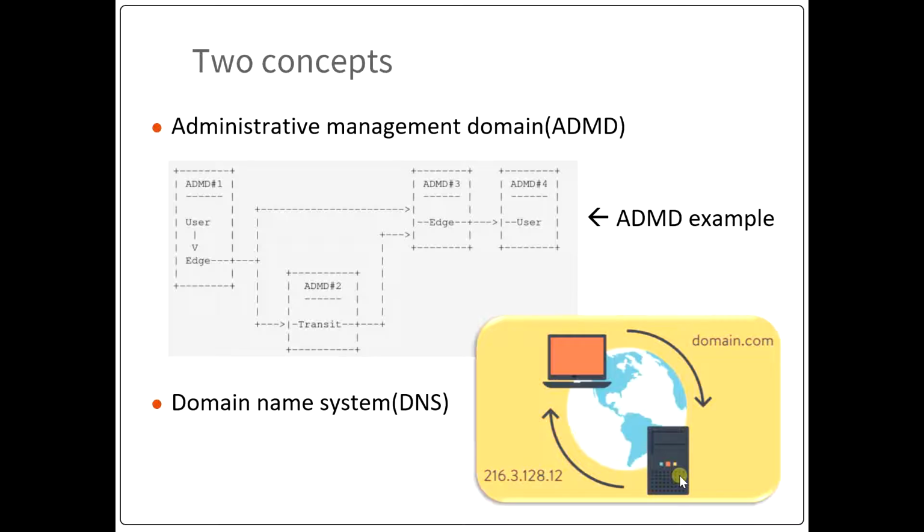The important concept to remember here is that ADMD is an internet email provider. Then we have the second concept, the Domain Name System, which is a directory lookup service that provides a mapping between the name of a host on the internet and its numerical address.